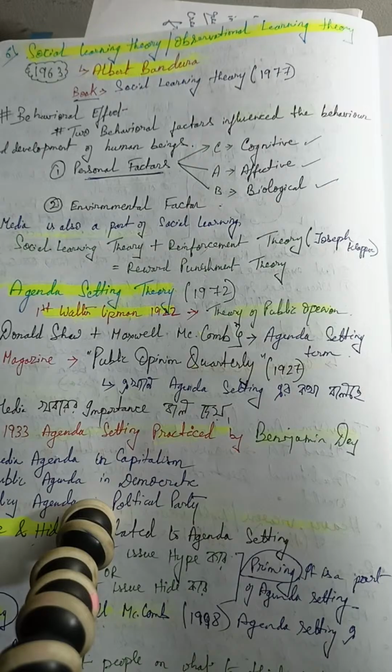It was the theory of public opinion, in the Public Opinion Quarterly. The core idea of agenda setting theory is that the media doesn't tell us what to think, but it tells us what to think about. Very vital and important line, right?